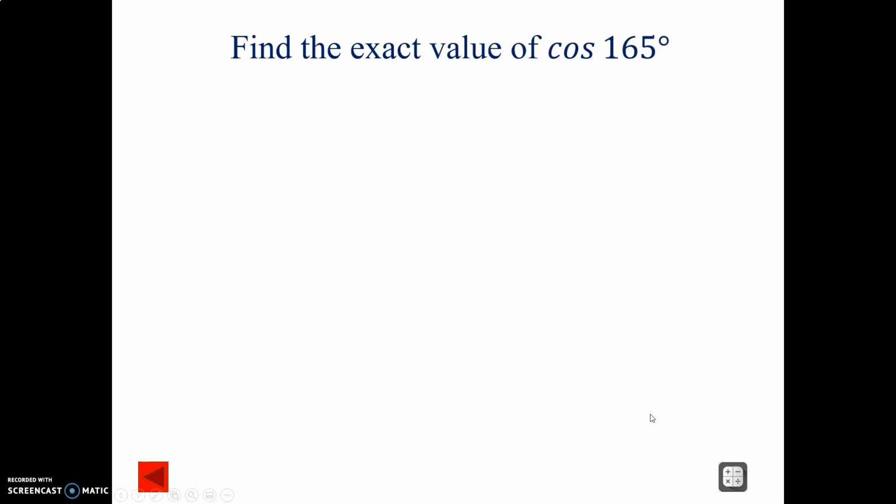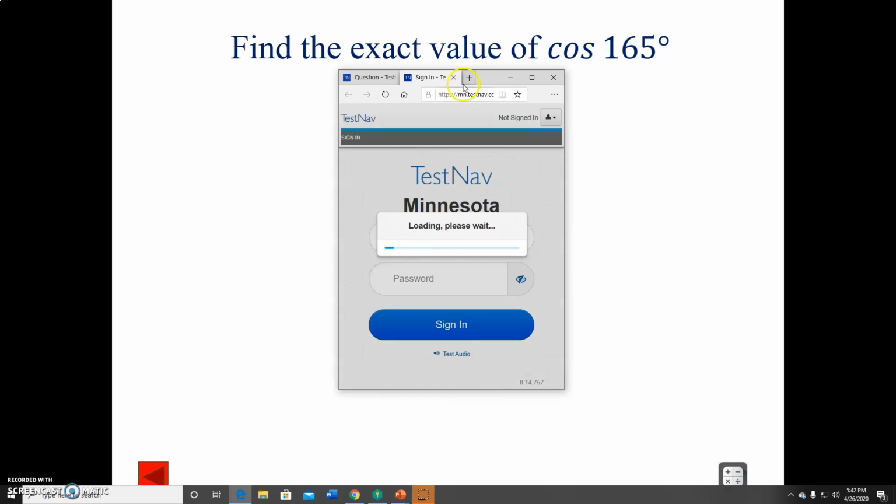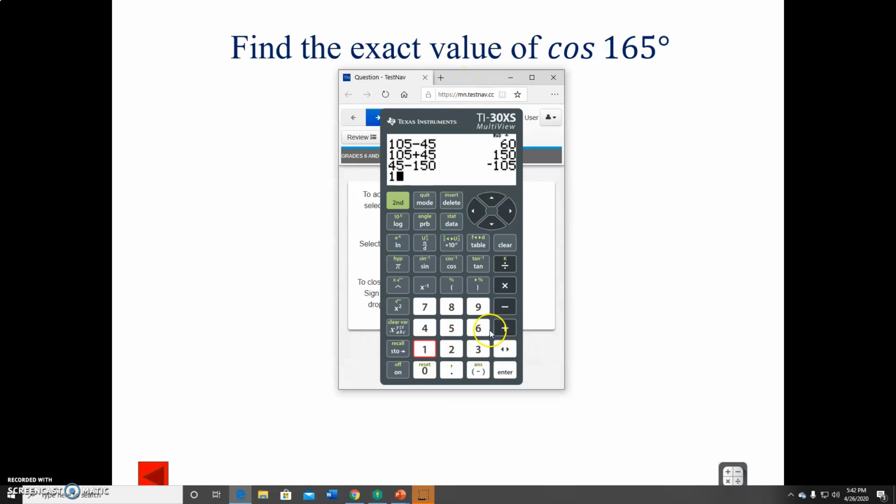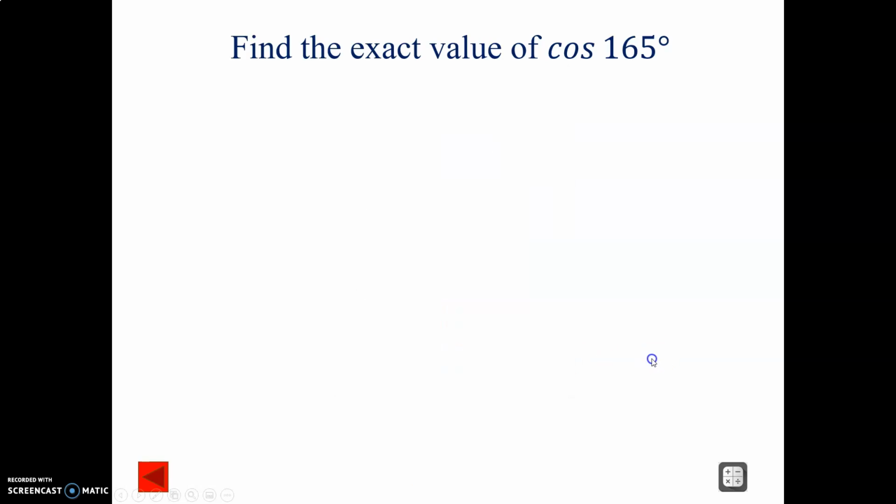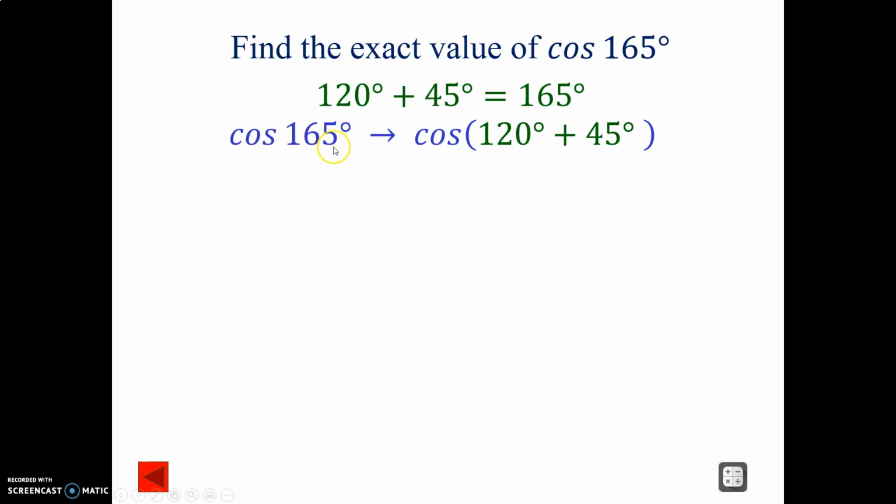Find the exact value of cosine 165. So here, if we took the 165, then we subtract 45. There's our other value, 120. So 120 plus 45 equals 165. So the new problem, instead of cosine 165, is cosine 120 plus the 45.